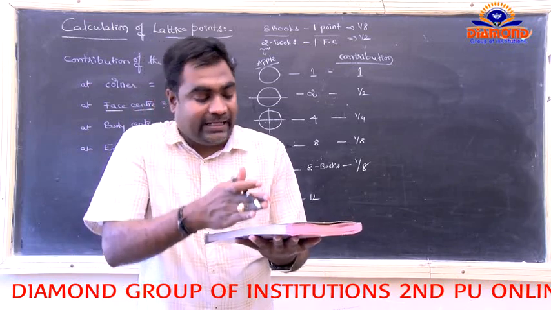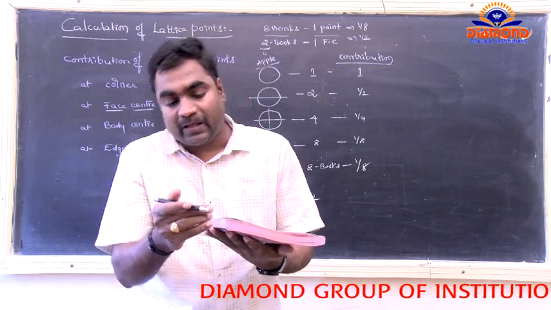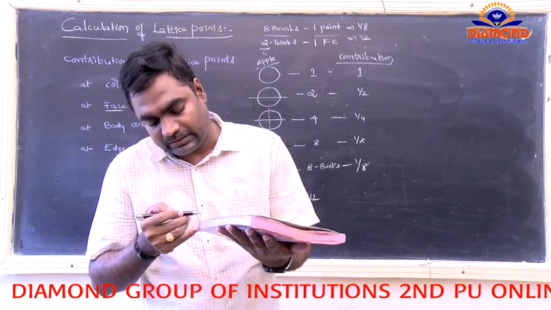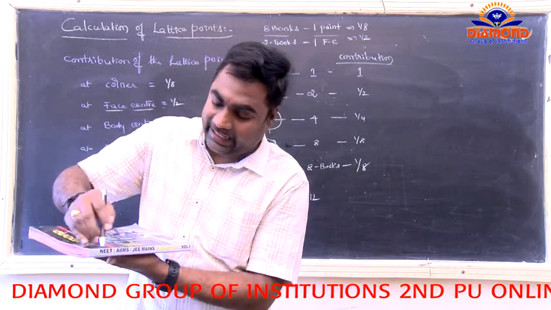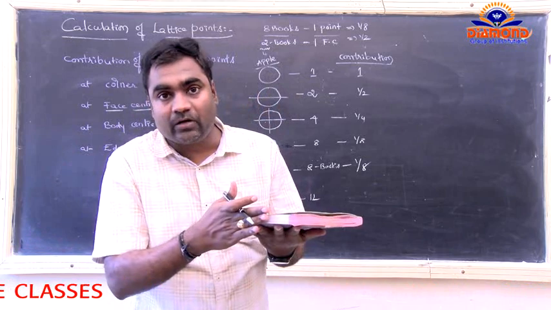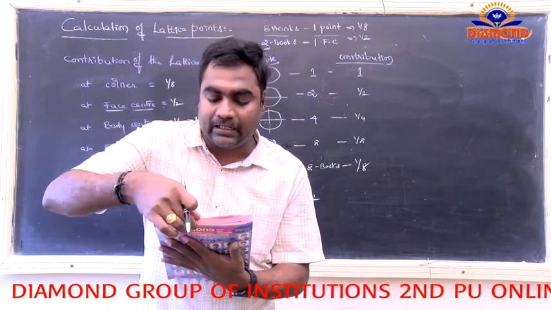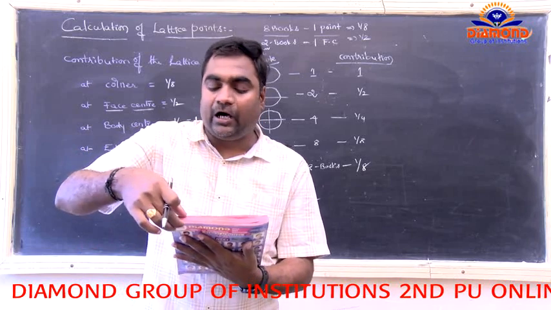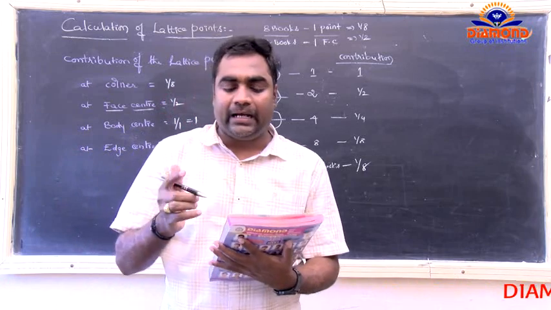The same way, here in the opposite direction we again got 4. So 1, 2, 3, 4, 5, 6, 7 and 8. So this side 4 edges, this side 4 edges. Then come to here. For this side, how many edges are present? Only 2, but not 4. Why?